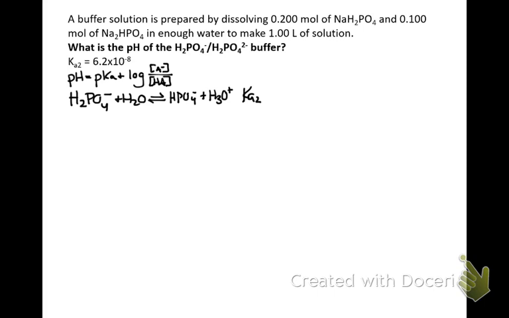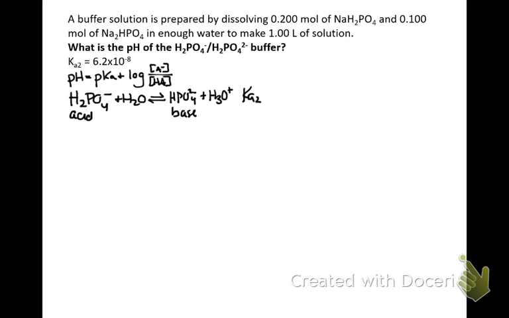I picked that one because I want something that has both H2PO4 minus and HPO4 2 minus. That is the second dissociation of phosphoric acid, so it gets a Ka2. That means H2PO4 minus is the acid form, and HPO4 2 minus is the base form.